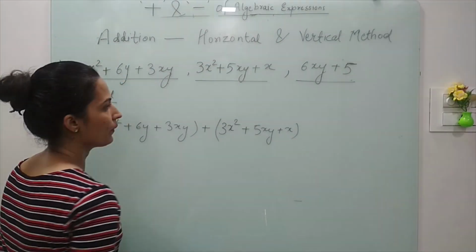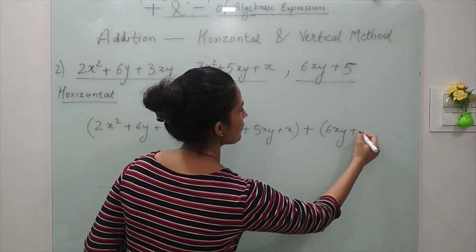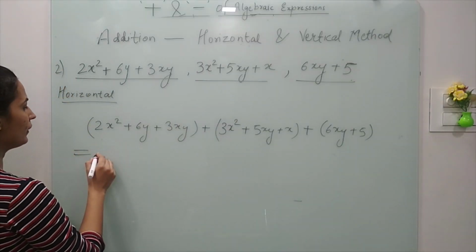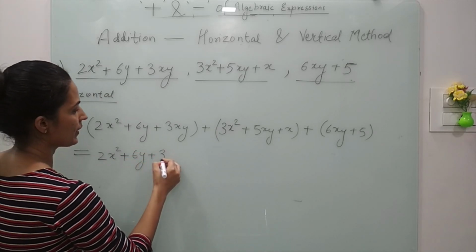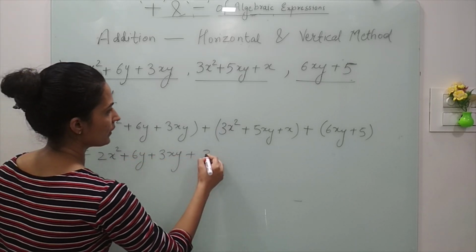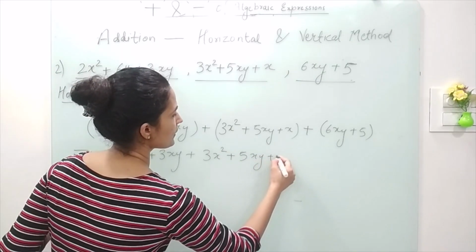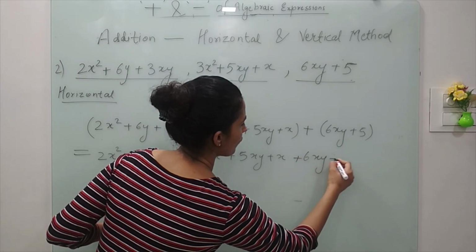This is the second polynomial, and the third I have to add is 6xy plus 5. Again, let's open the brackets here. 2x square plus 6y plus 3xy plus 3x square plus 5xy plus x plus 6xy plus 5.